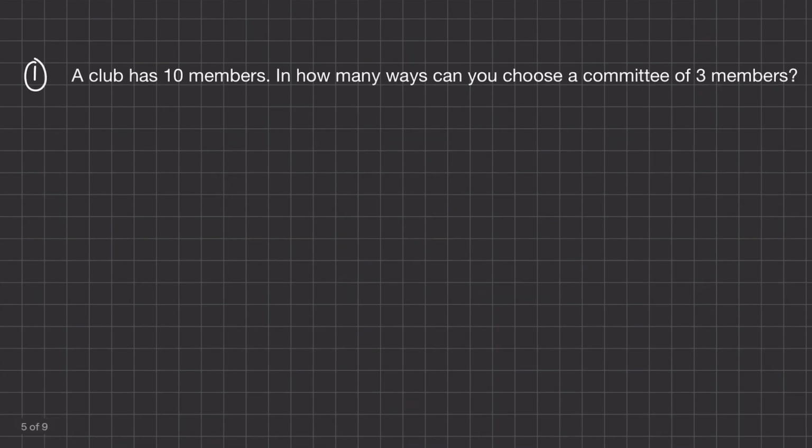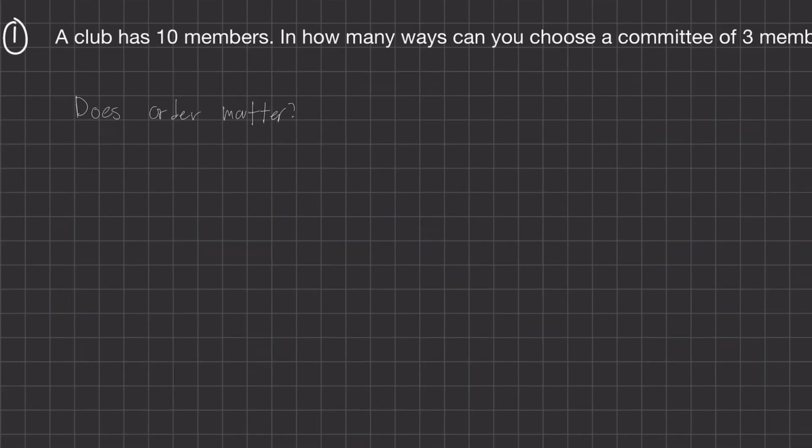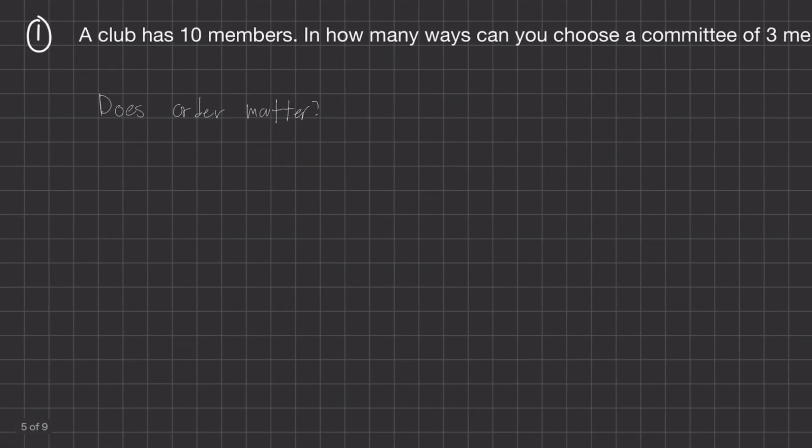First, we need to decide, does order matter? Let's think about this. A club has 10 members, so we can think of those 10 people here. I'll represent them as little circles, say person A, B, C, D, and so on.